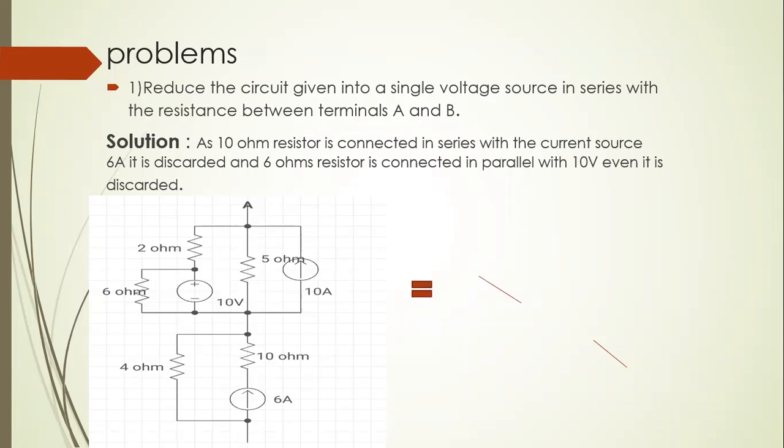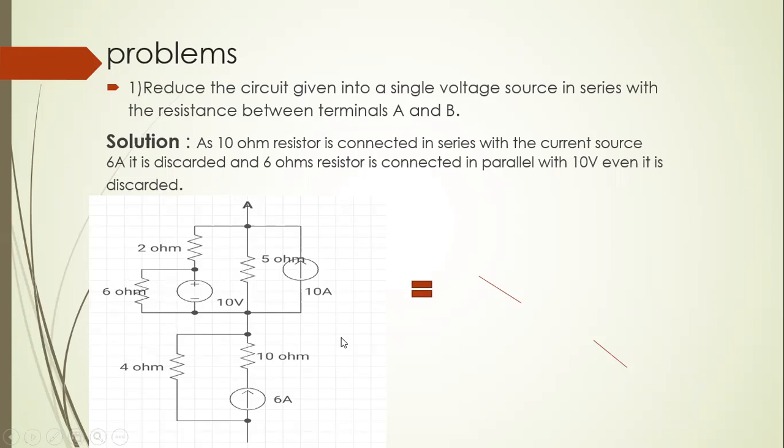First, whenever we see the problem, we should check whether the resistors are properly connected to the sources. Just check over here. As I've told you, the 6 ohm resistor is connected in parallel with the 10 volts.